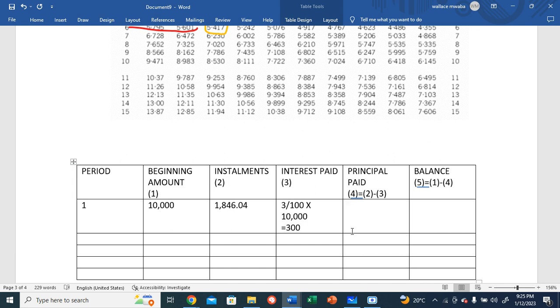Since we're paying twice in 1 year, the number of payments we're going to make is 6 payments in total, and the amortization is going to show 6 payments.